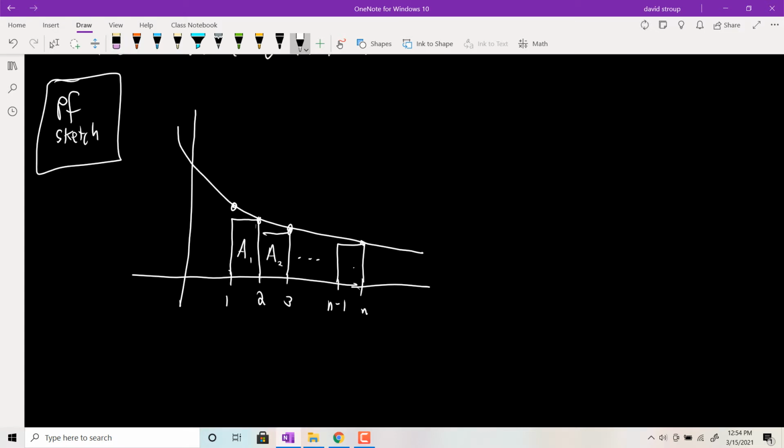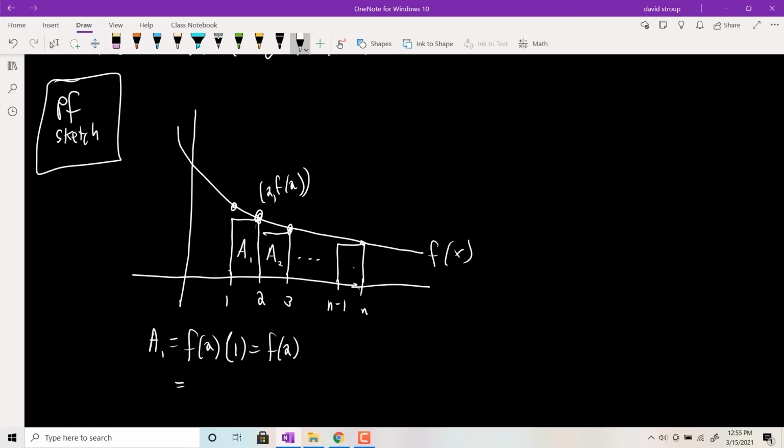So a sub 1 in this case, given that this is a function f of x, is what? Well, the area of that first rectangle, and I can use this coordinate 2 comma f of 2. The area of that rectangle will be the height, which is f of 2, times the base. And the base, the way we've set it up here, is 1. So that will be equal to f of 2.